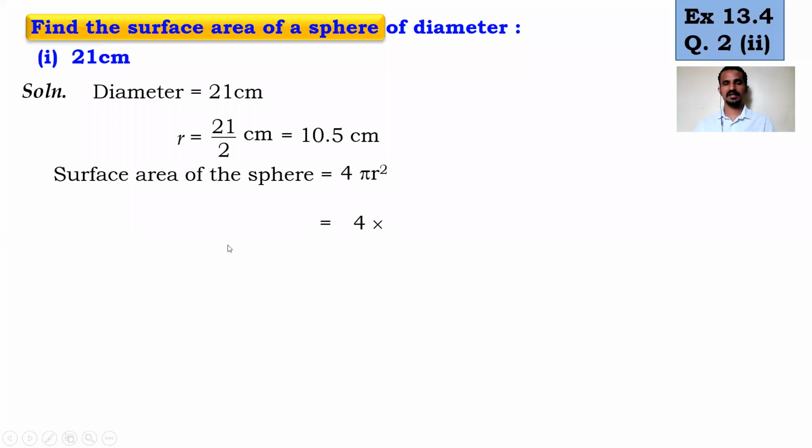So 4 multiplied by 22/7 multiplied by 10.5 multiplied by 10.5. Since we have r square, we will multiply 10.5 two times.